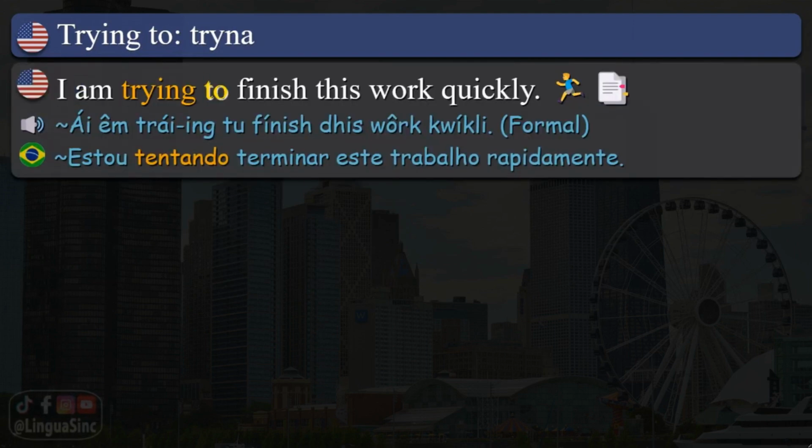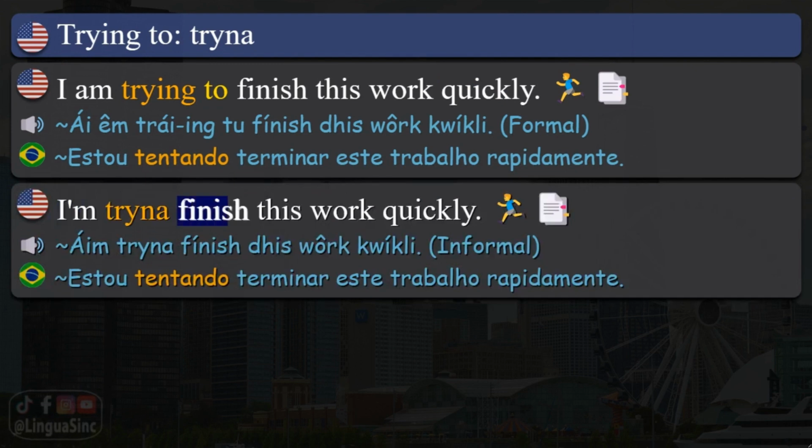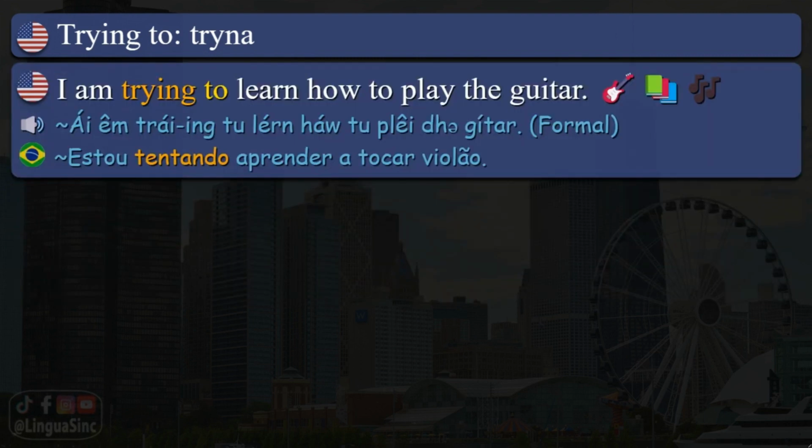Tryna. I am trying to finish this work quickly. I'm trying to finish this work quickly. I am trying to learn how to play the guitar.